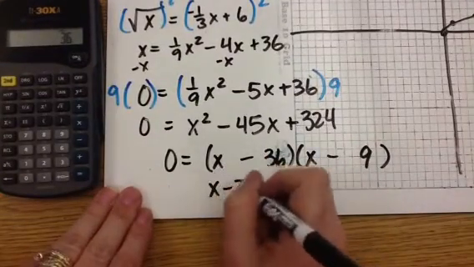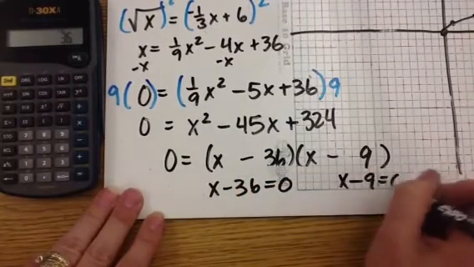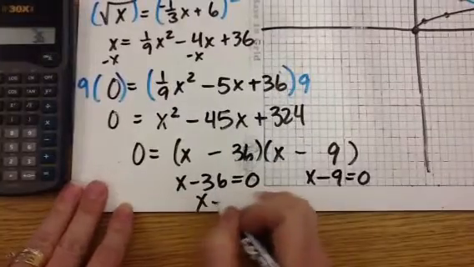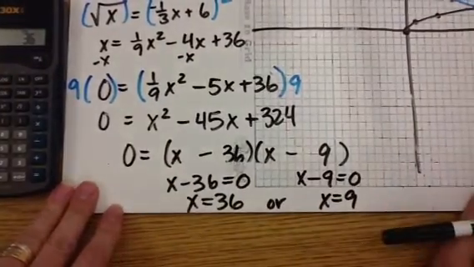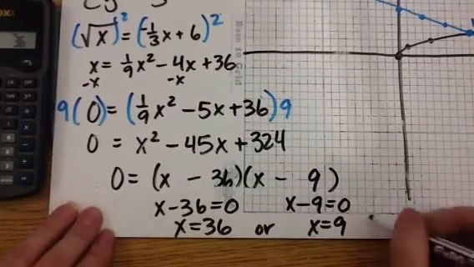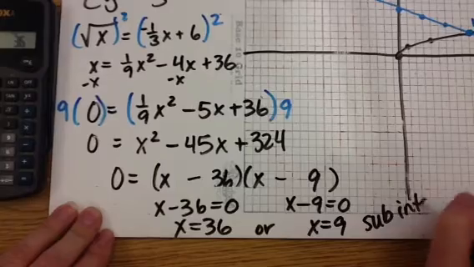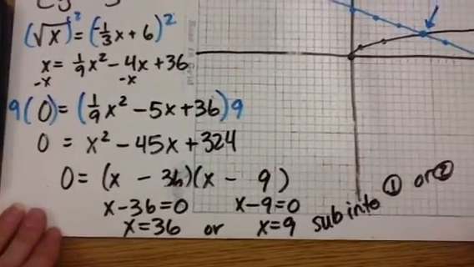which then allows me to write the two equations, x minus 36 equals 0, x minus 9 equals 0. So x equals 36 or x equals 9. Now I also have to take these two x values and sub them into either equation 1 or equation 2 to get the y values.